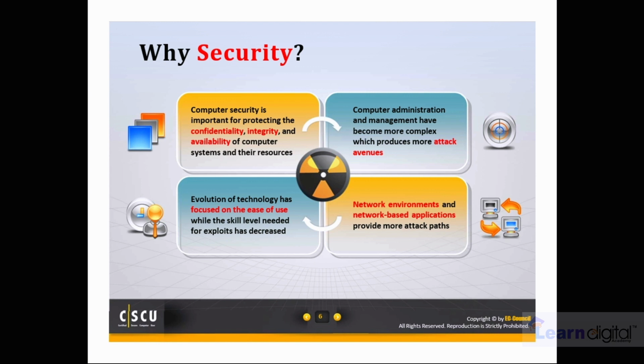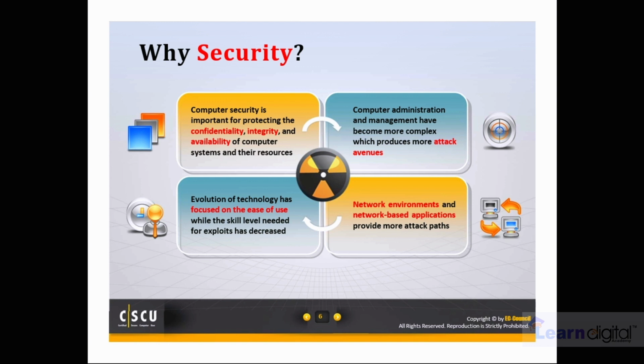A cybersecurity breach can result in financial loss, reputation damage, legal liabilities, and even endanger human lives in critical sectors like healthcare and infrastructure. Cybersecurity measures help prevent such incidents and enable organizations to operate securely and reliably in the digital age.